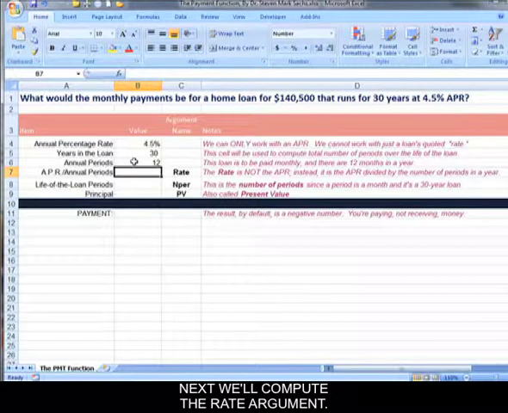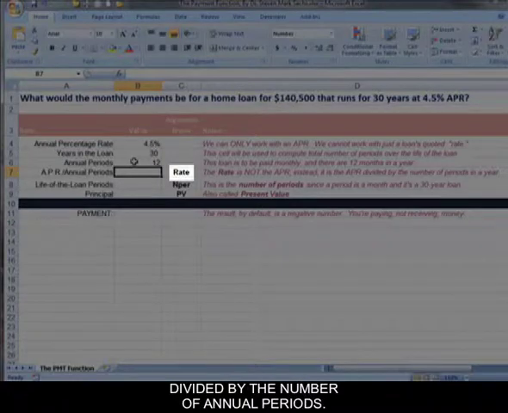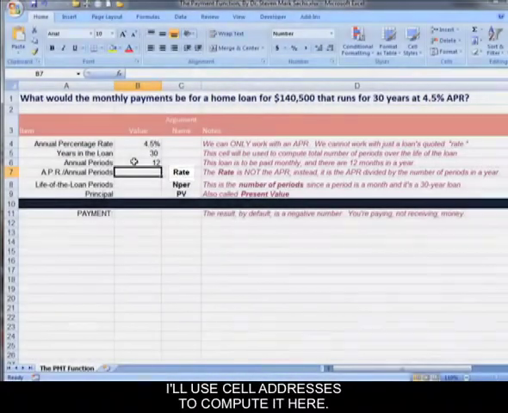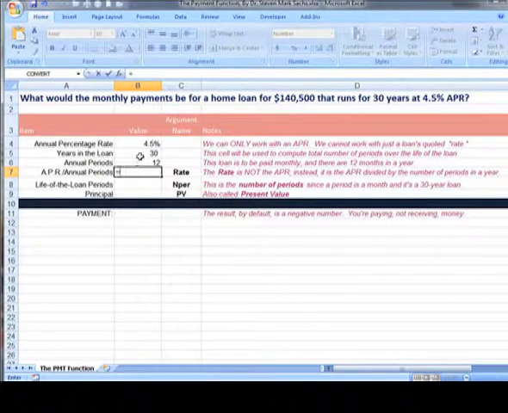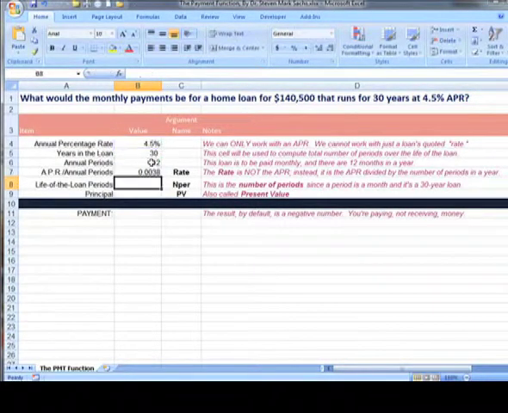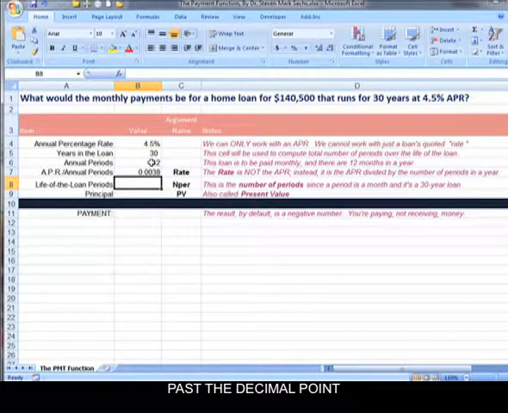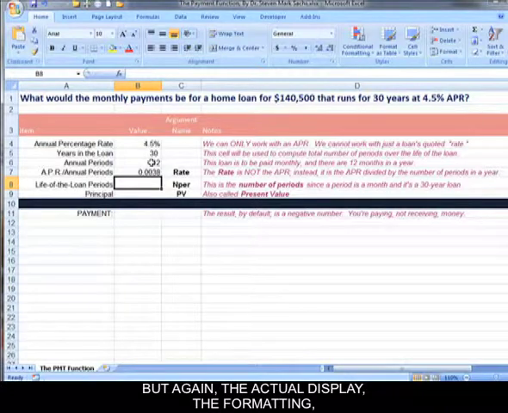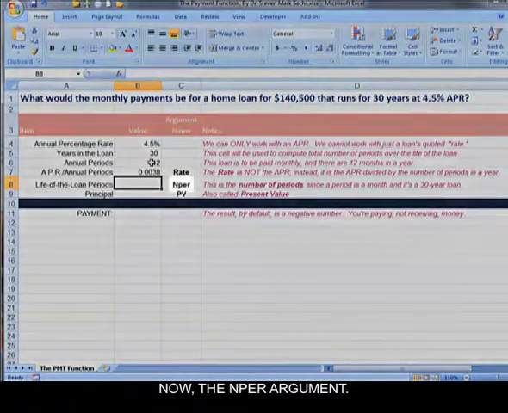Next, we'll compute the rate argument. As mentioned before, it's the APR divided by the number of annual periods. I'll use cell addresses to compute it here. I've had my computer display 4 digits past the decimal point, but again, the actual display, the formatting, is not important. Now, the NPER argument.